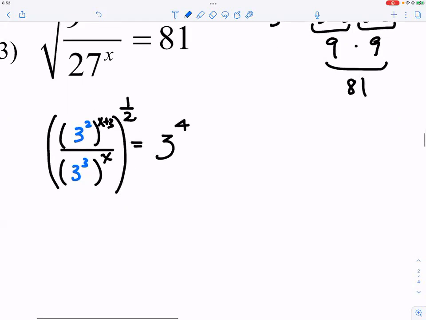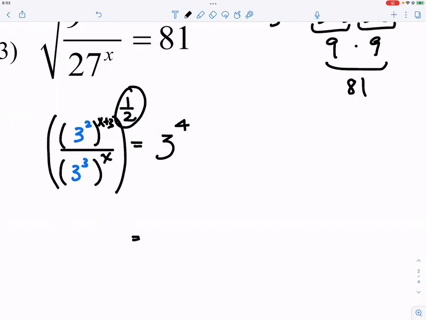Now, if I want to get rid of the 1/2 power, or get rid of the square root, what do we do? There's no particular order you can handle things, but I really want to get rid of this first because there are so many parentheses and it's going to get more confusing.